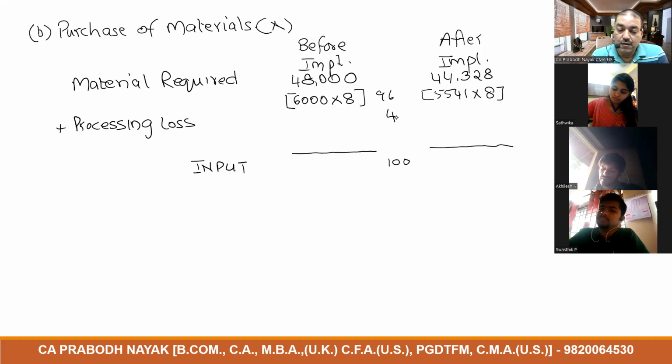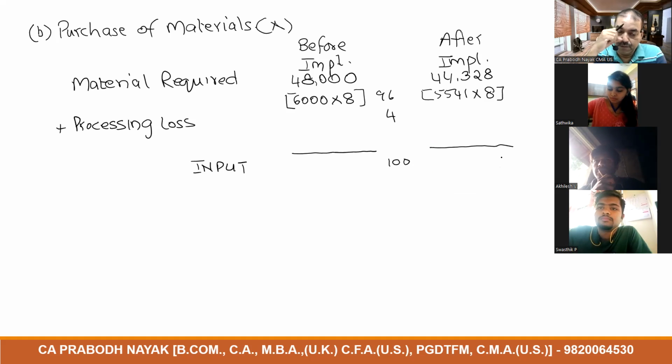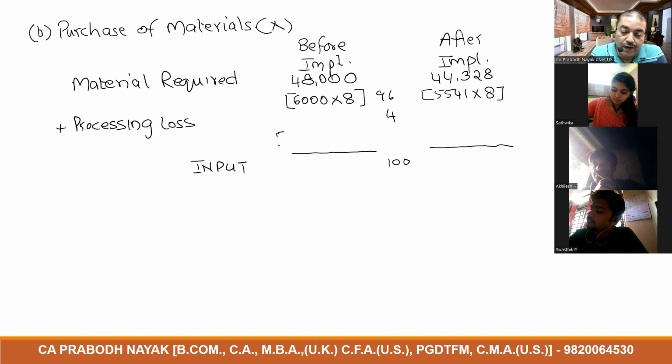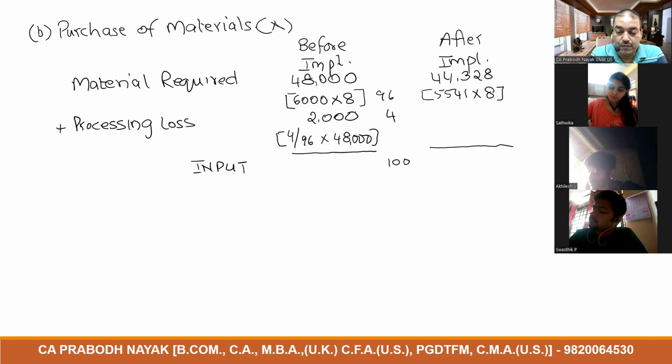So 4 by 96 into 48,000. 2s are 2 into 24, 40, 2,000. Correct?